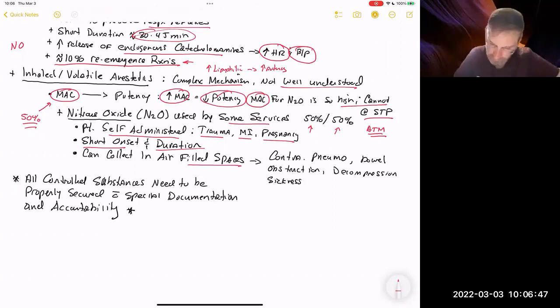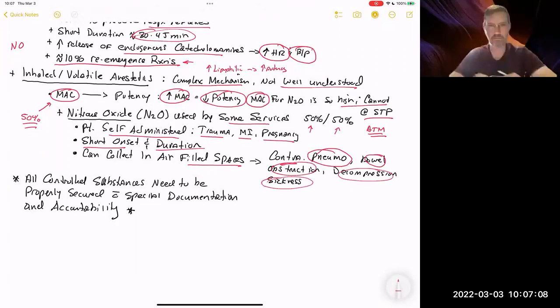And so it is contraindicated in the setting of pneumothorax or pneumoperitoneum, where we have abnormal air in the abdominal cavity, or pneumocephalus, air in the cranium, bowel obstructions, or decompression sickness, right? Like the bends. Those would all be contraindications for nitrous oxide.